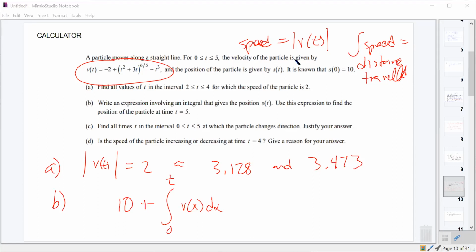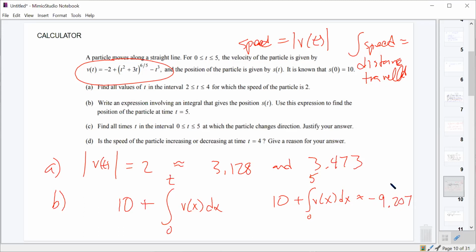Yeah. All right. So then we need to evaluate this at 5. So we want 10 plus the integral from 0 to 5 of v of x, which is about what? Looks like that came out to be negative 9.207.